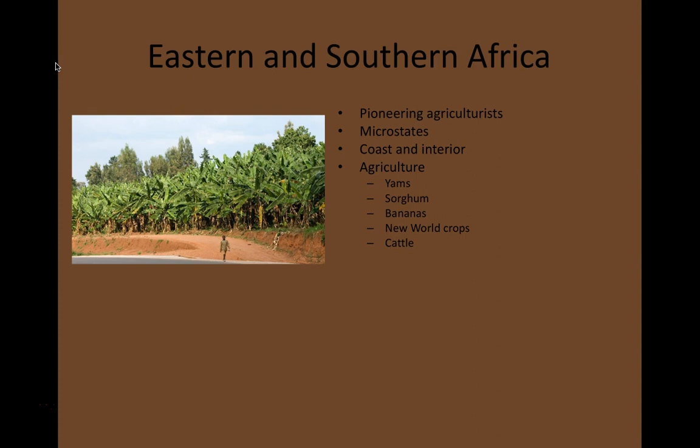The other component of agriculture that's absolutely vital for both Eastern and Southern Africa, at least when you get out of the rainforest into the savannas, and all the way down through the arid regions in the south, is cattle. There were pastoralists who competed with the agriculturalists for territory.